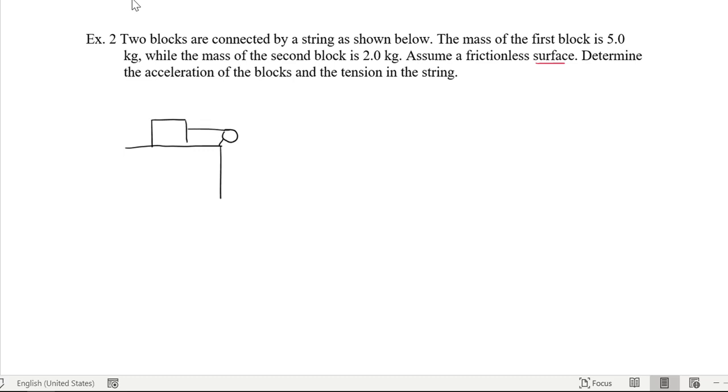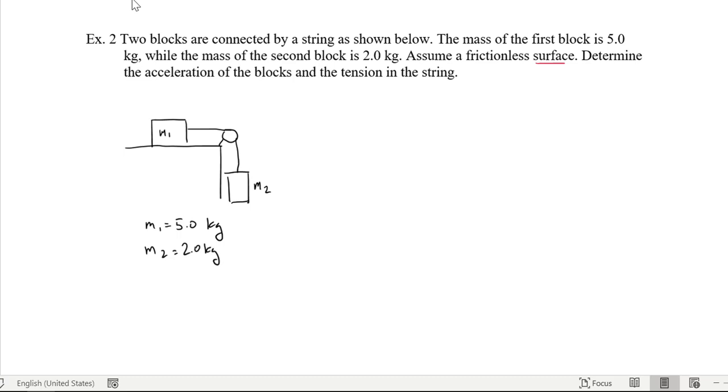So this is what the objects look like. Okay, so this is M1 and this is M2. So we were told M1 is equal to 5.0 kilograms and M2 is equal to 2.0 kilograms.